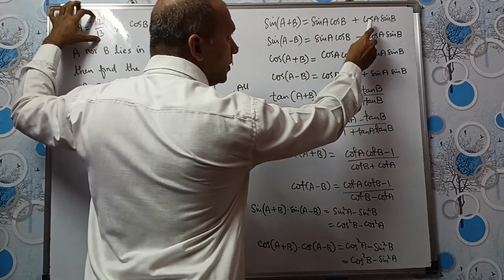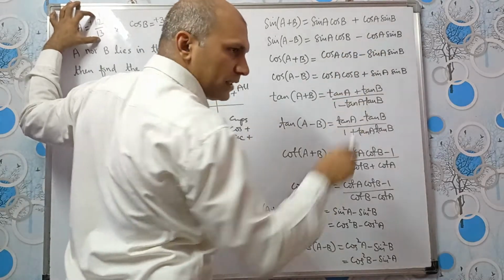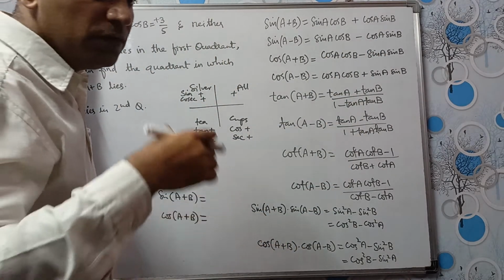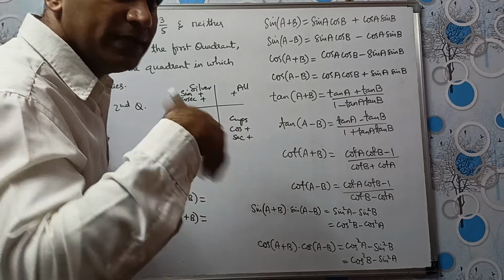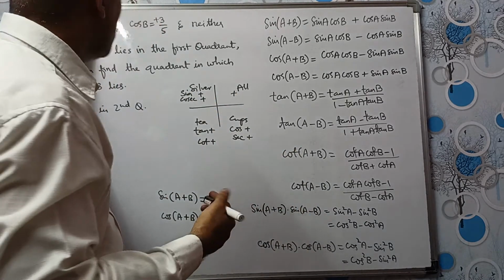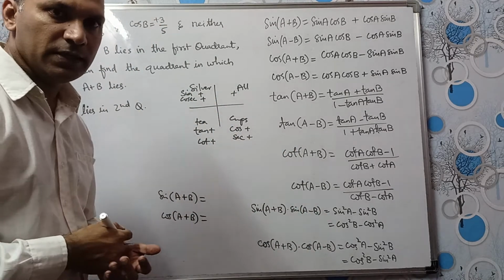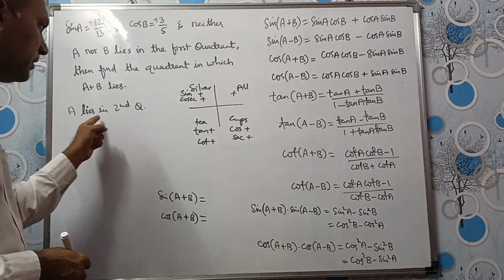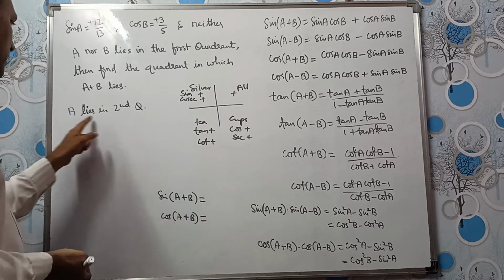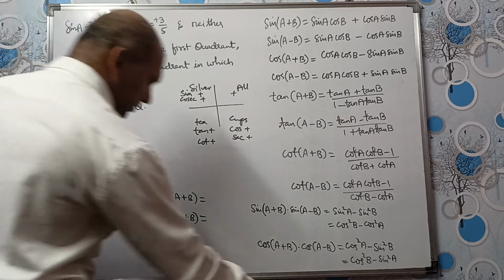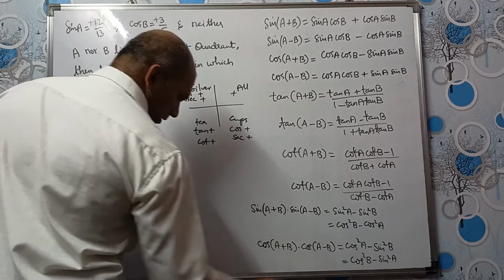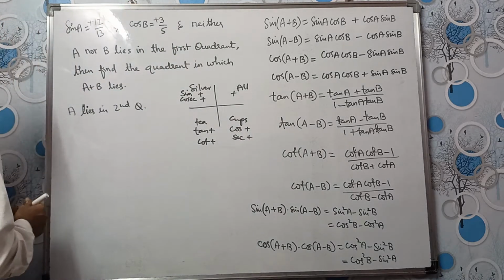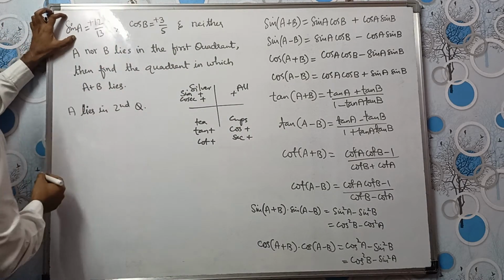We should also find cos A, right? So what will be the value of cos A and what will be its sign? To find the sign, we should know where A is lying, right? So that's why we should find out where this angle A is lying. So angle A lies in the second quadrant. Alright? Okay. So A lies in the second quadrant.